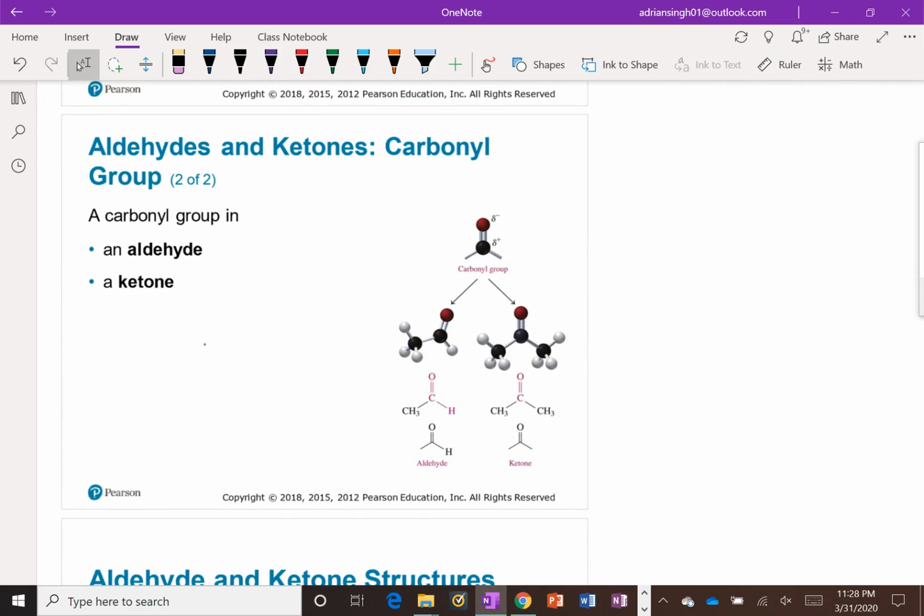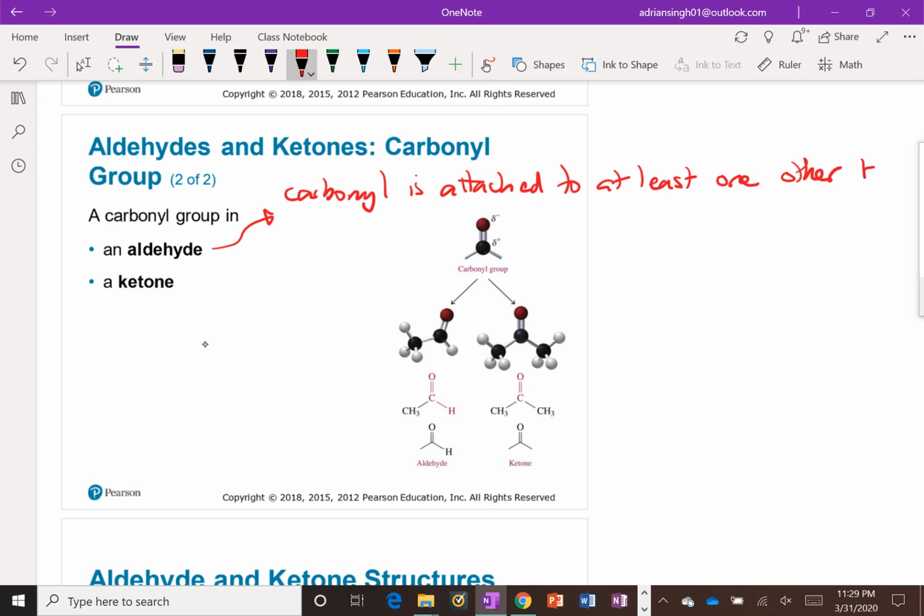What makes them different from each other is what else is attached to the carbonyl. In the aldehyde, the carbonyl is attached to at least one other hydrogen. All right, so for example, there's my carbonyl, and then if that is attached to at least one other hydrogen, that makes it an aldehyde, right?